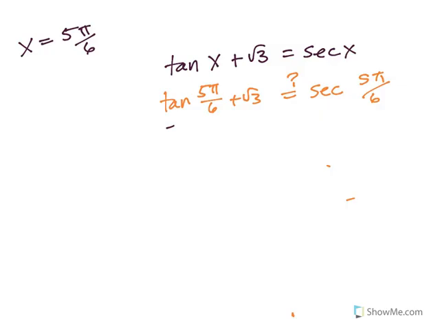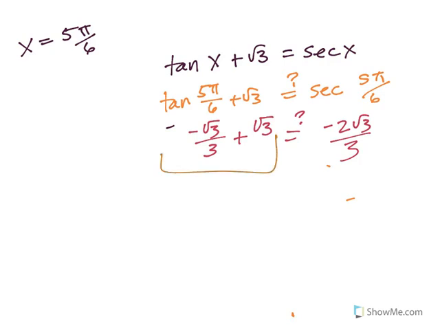Well, I don't know, but let's play. The tangent of 5 pi over 6, as we know, is negative radical 3 over 3, and then we're going to add radical 3. Does that equal the secant at 5 pi over 6, which happens to be negative 2 radical 3 over 3?